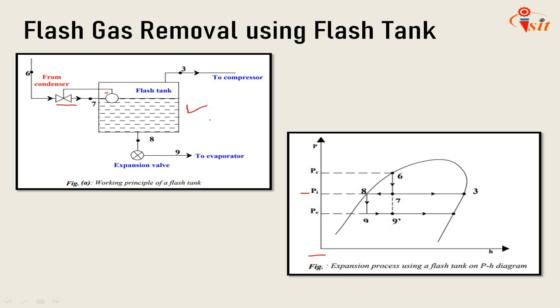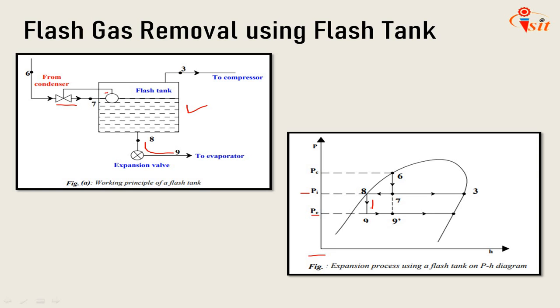In the flash tank, the refrigerant liquid and vapor are separated. The separated liquid at point 8 is fed to the evaporator after throttling it to the required evaporator pressure PE. So that is 8 to 9, an expansion using an expansion valve.